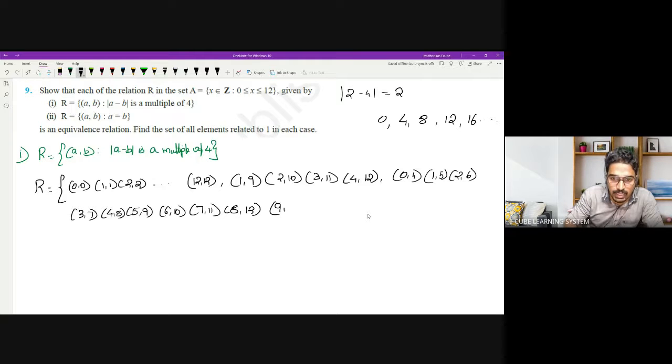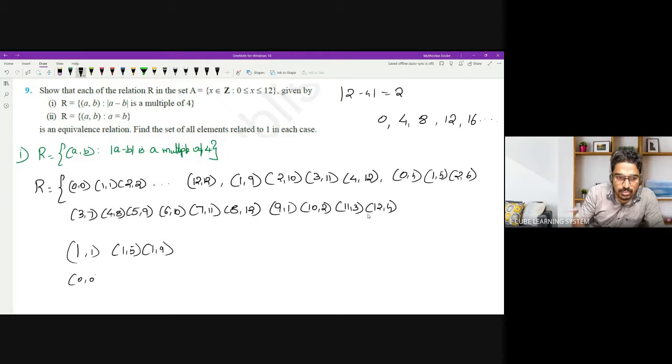Then we have 9, 1, 10, 2, 11, 3, 12, 4. Then the order sometimes will be missing. Starting with 1, we will have 1, 1, 1, 5, and 1, 9. Starting with 0, we will have 0, 0, 0, 4, 0, 8, 0, 12.